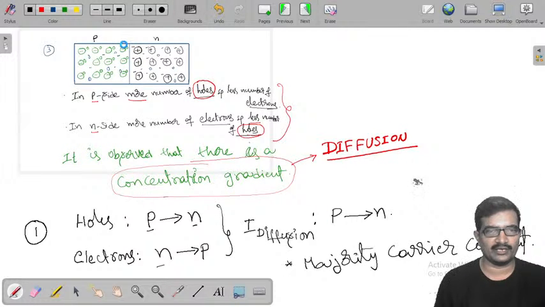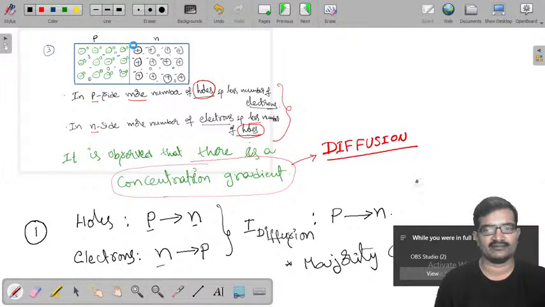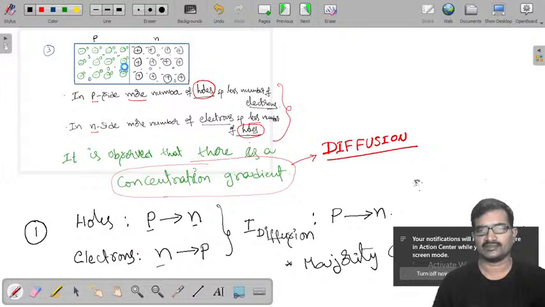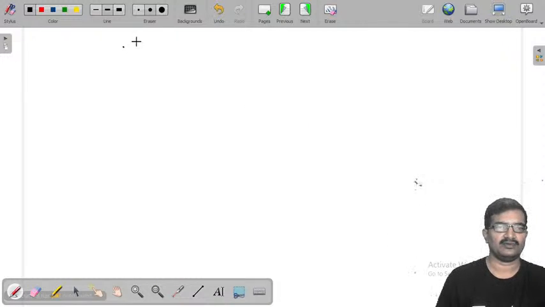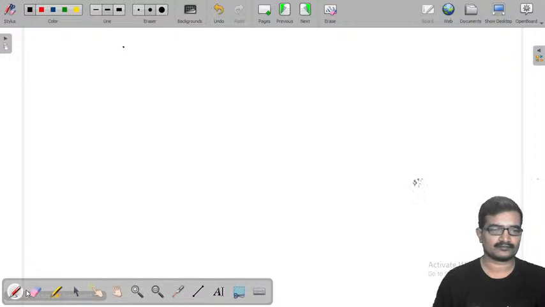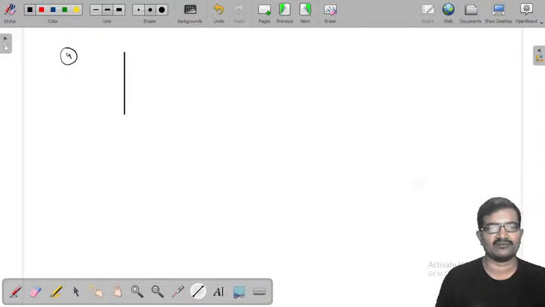So whatever the hole in p region, this hole is moving to this side. Now I am going to the fourth step. So this is the junction diode, like this we have.